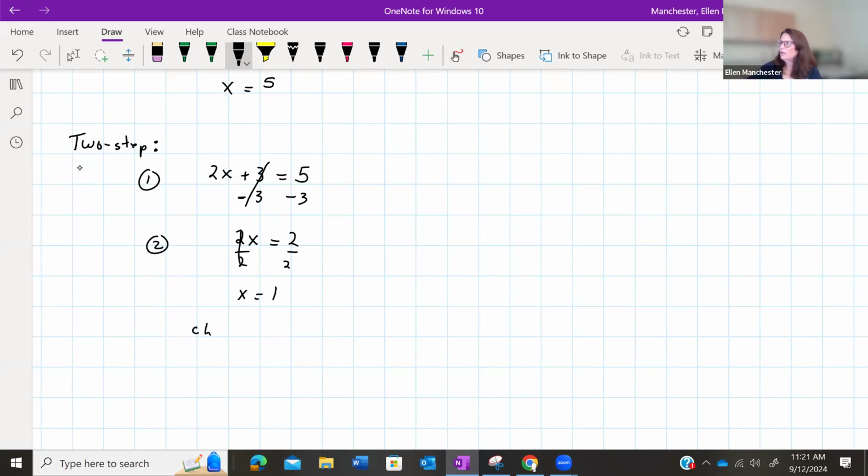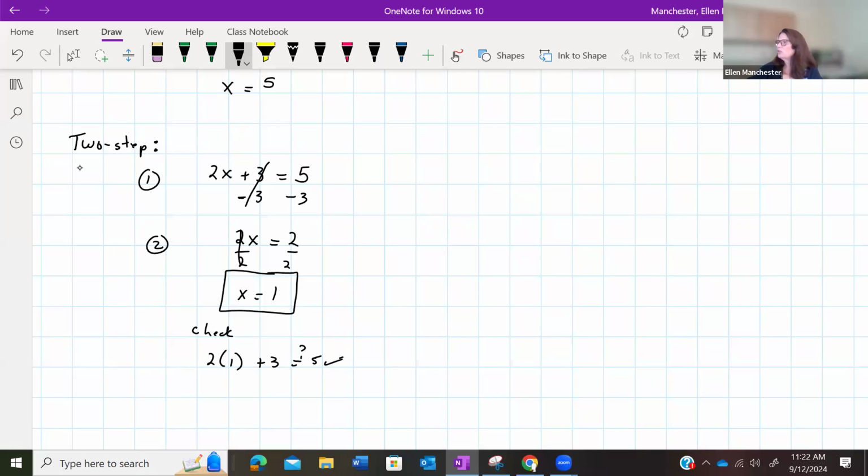And then I can check it. Same idea. 2 times 1 plus 3. Does that equal 5? Yes, it does. So I'm good. Okay, so this right here is your answer. This is just a check. Is my answer correct? That's all that is.